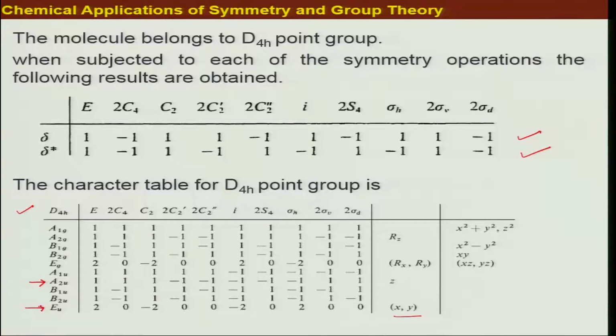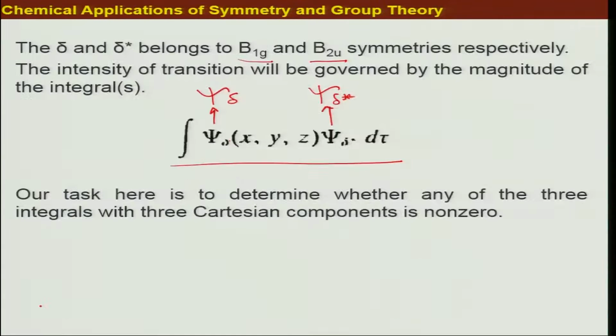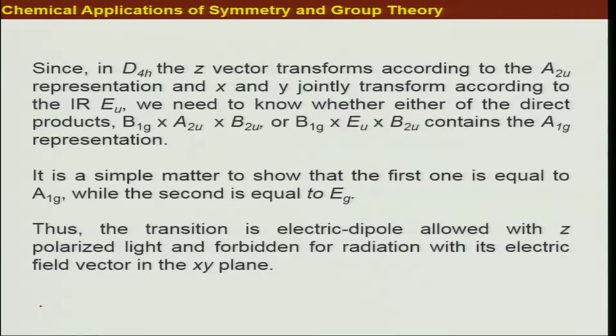So, we have all the information that we need to solve the integral. We have already found that the z vector transforms as A2u and x and y together transform according to Eu.